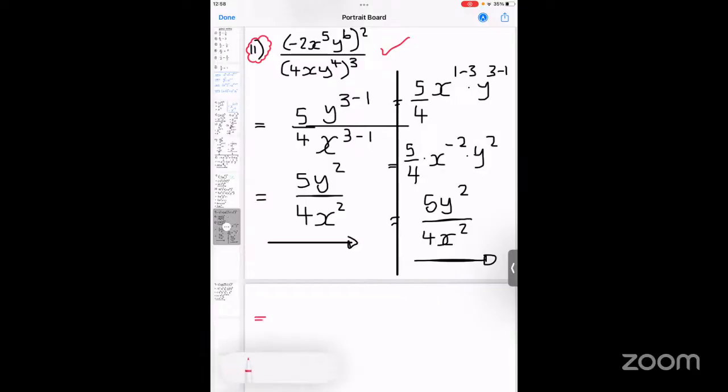Wait. Okay, let me do this. Wait, so what did you say? I said I first worked out the brackets, and I said 4 times x to the power of 10 times y to the power of 12. 4x to the power of 10, y to the power of 12. Okay.